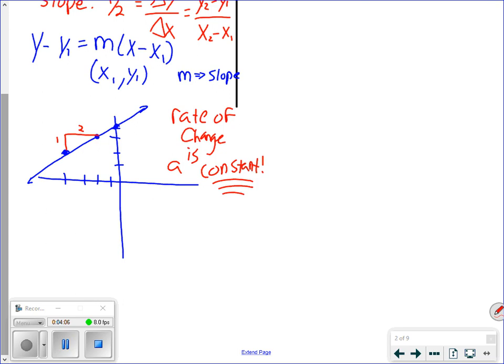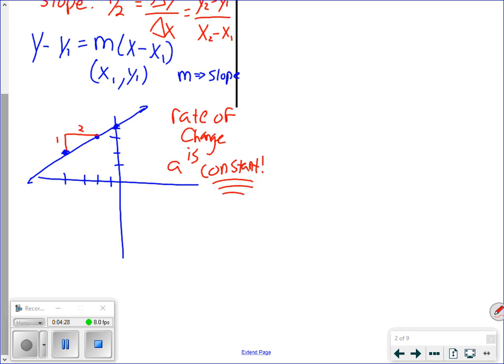No matter what point I'm at, no matter what x value I'm at, it's always going to be going up 1 over 2. The change in my y value as I change x is always a constant. So if I ever ask for the slope or the rate of change, that's easy. You just do rise over run. So that's sketching a line.